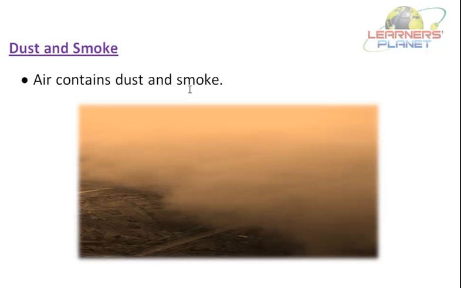But how do dust and smoke enter air? Well, the smoke which is released by industries, factories and vehicles and many other ways mixes with the air. It enters the atmosphere. So these are some ways of how dust and smoke enter the atmosphere. Right? So that was all about the composition of air.